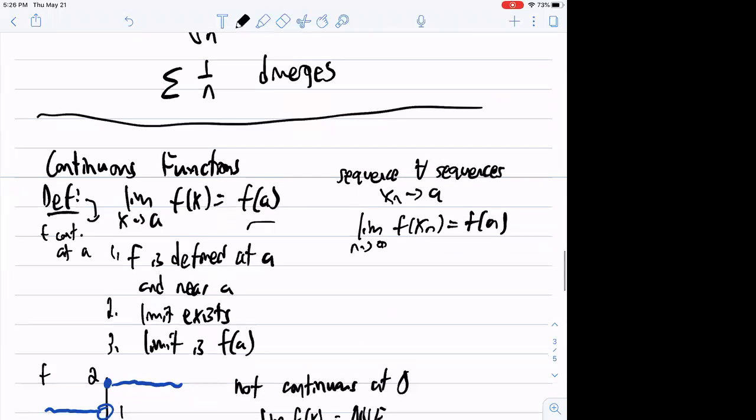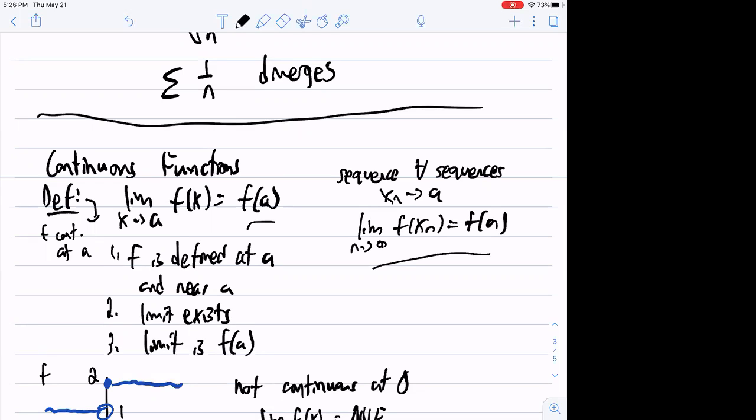Okay, great. So you see here, if you want to show something is continuous, you pretty much want to use the left-hand side definition, right? Because for the right-hand side definition, how are you going to check all possible sequences? But it's good for showing something is not continuous. To show it's not continuous, you just need to pick one sequence going to a where this doesn't hold.